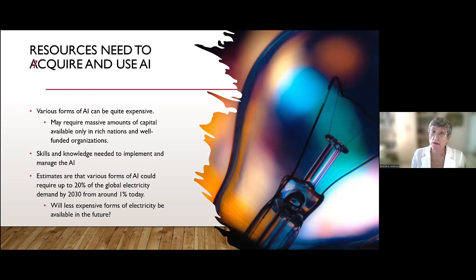But a lot of the AI requires massive amounts of capital, and these massive amounts of capital are only available to rich nations and well-funded organizations. So there's a real problem, as one of the questions in the last session was, how are the developing countries and the countries in Africa going to have the funds to mount and get the data needed?